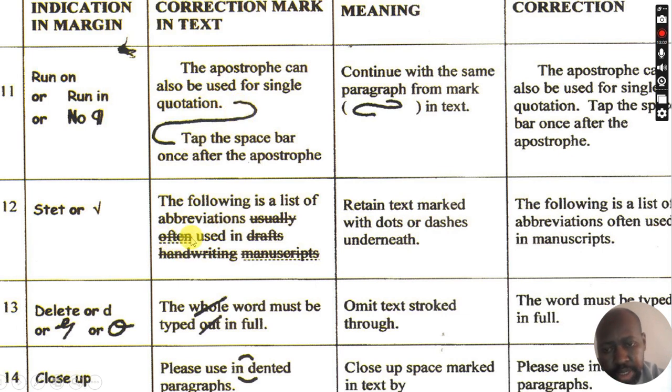If it's cancelled and it has a dotted line, it means you remove it. But if the word stet or the tick is there, if both or one of these are here, it means you retain it. You don't remove the word, and you remove the ones that don't have a dotted underline.